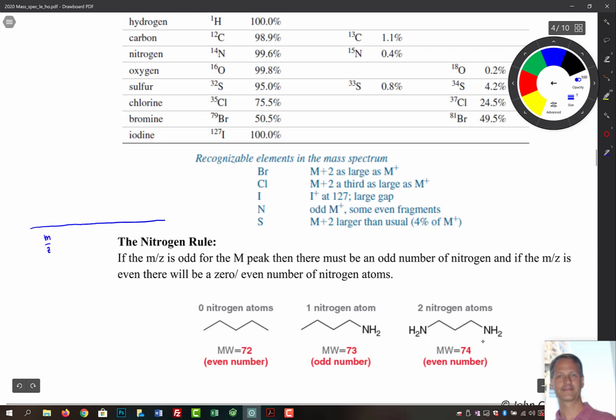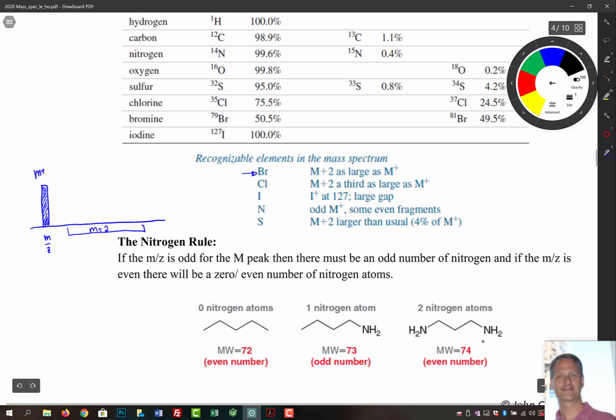you're going to have some peak here, essentially that is your parent peak, right? That's your M plus peak. So then the patterns that you are often going to see is this. Let's look at bromine. So bromine says the M plus 2. So we're going to come over here and let's just label all of these as being M plus 2.